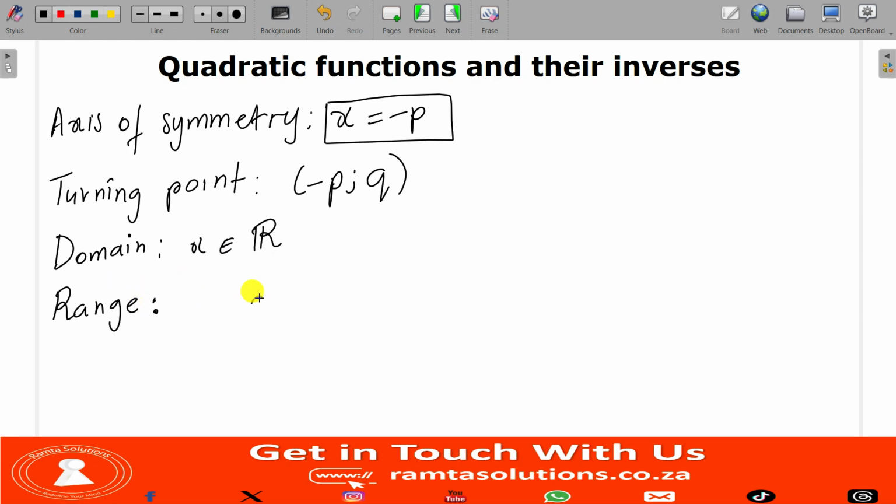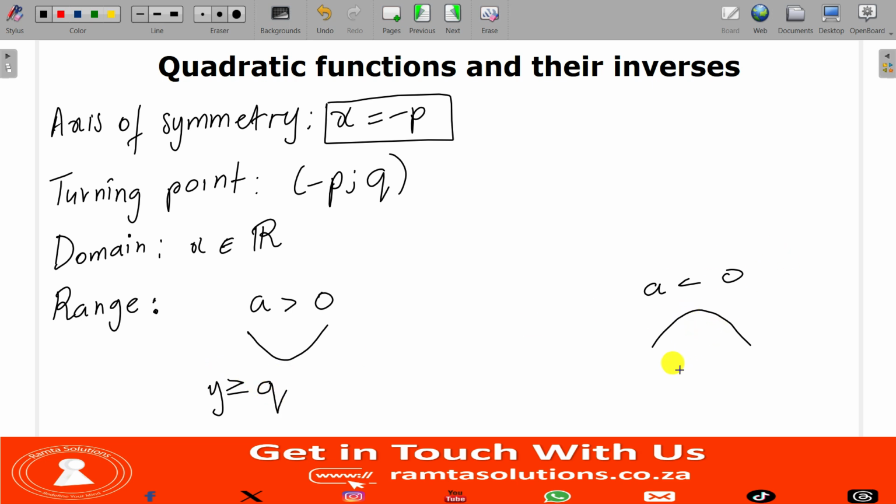Here, we need to focus on the curves when A is positive and when A is negative. Remember, when A is positive, it's a smiling one. When A is negative, it's a frowning one. With this one, as you can see, it's a minimum. So we will say this must be when y is equal to that q value, but also greater than that. So y is greater or equal to q.